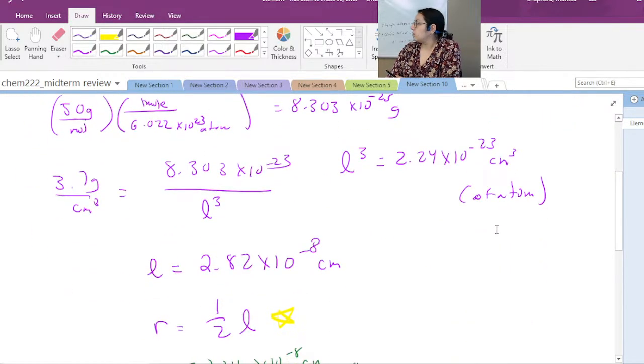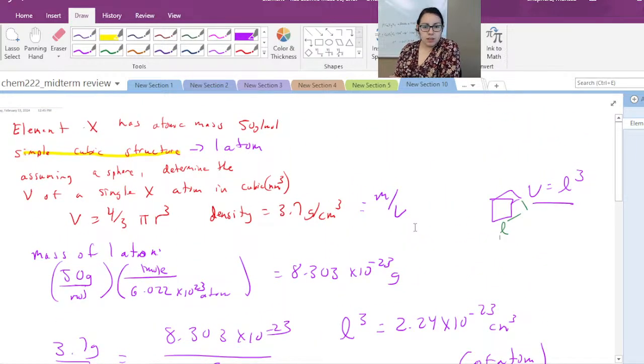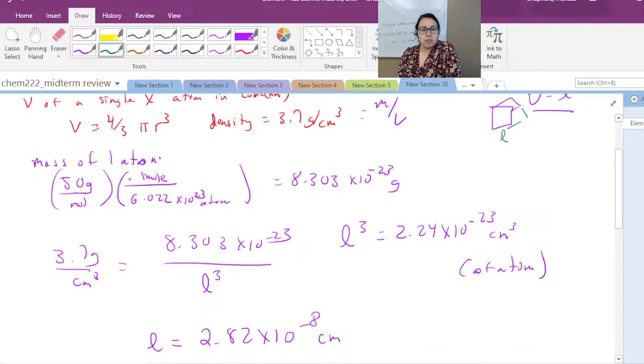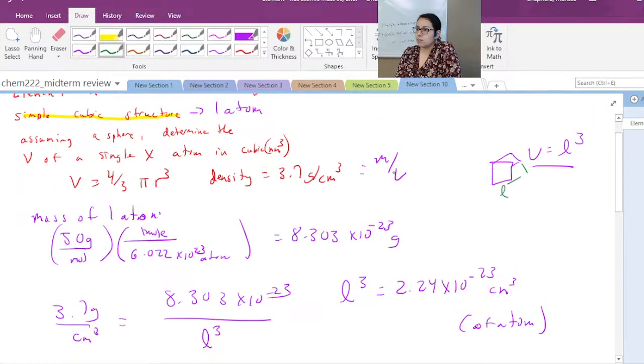And on the test, you provide us with the volume formula for the specific atom. Yes, for this one I'll give you the volume formula and of course the density, and you'll have to figure out the other steps from there. If it was more than one atom, where we find the mass is affected, because the mass is related to the density, so our mass is also related to how many atoms we put in there.